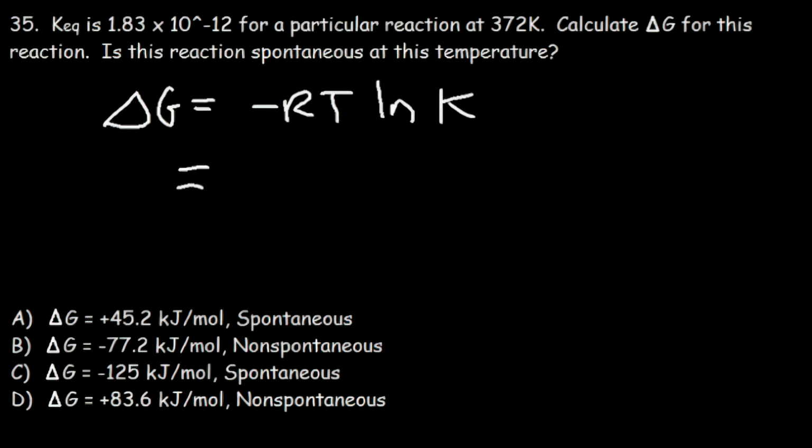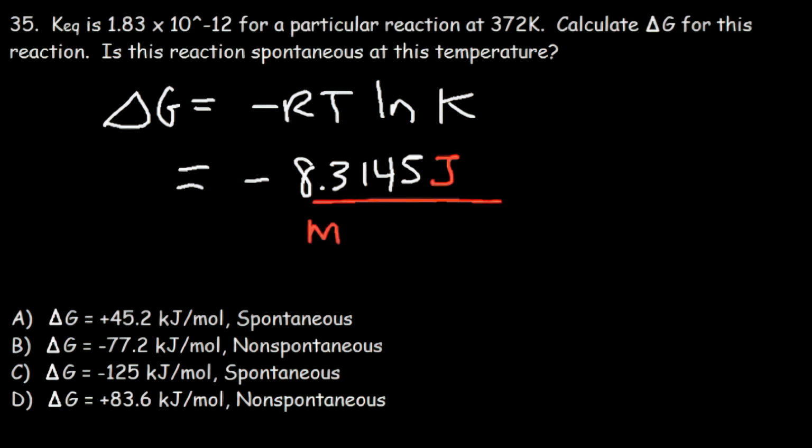So R, you don't want to use the value 0.08206 for R. That's for gases. Rather, you want to use the energy constant, 8.3145. And for that value, R has the units joules per mole per Kelvin. So I'm going to write that in red. So joules per mole times Kelvin.